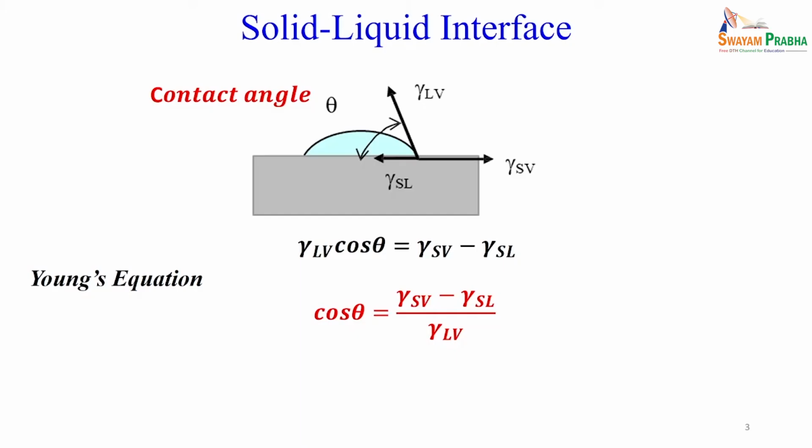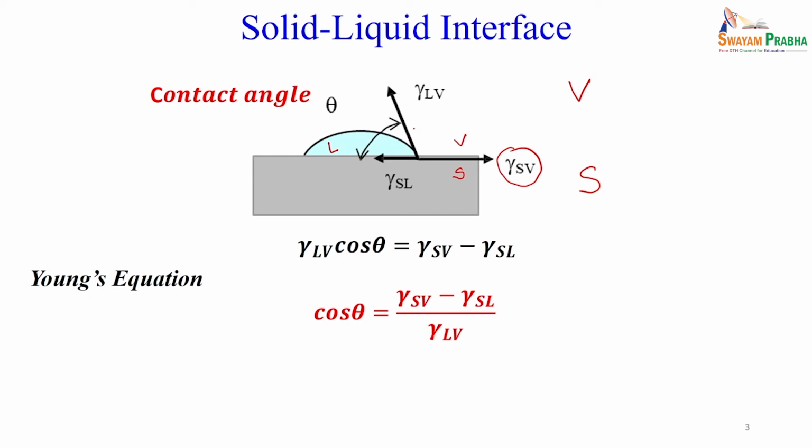First you consider a solid surface, and on the solid surface you put a drop of liquid. This is the solid, this is the air or vapor phase, and in between there is the vapor phase and the liquid phase. So, we are going to have three interfacial tensions. One is between the solid and vapor, the solid vapor interfacial tension.